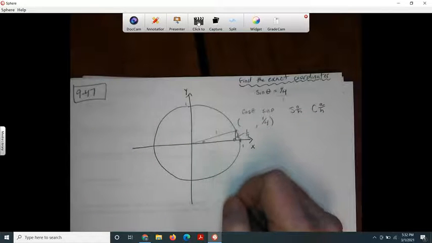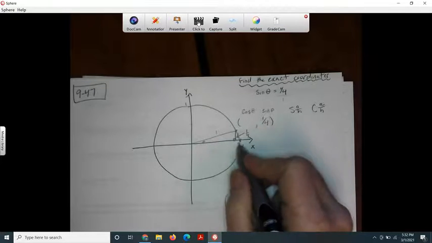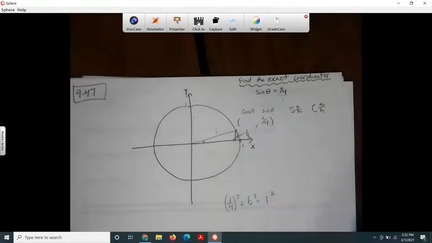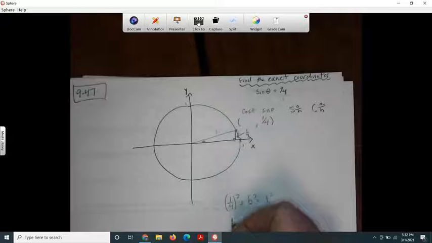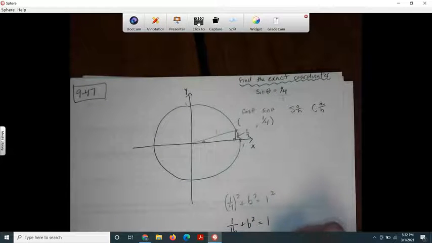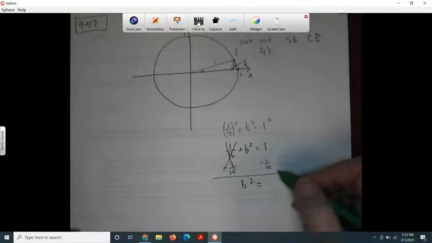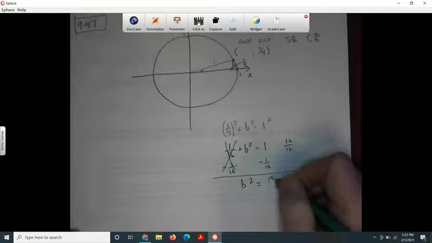So in other words, 1/4 squared plus b squared, we'll just call that part b squared, equals c squared. 1/4 squared is 1 times 1 is 1, 4 times 4 is 16. 1 squared is 1, minus 1/16. B squared equals 1 minus 1/16. So 16/16 minus 1/16. That's 15/16.